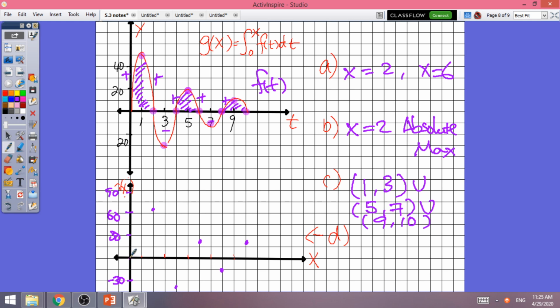So this one shows the point of inflection at 1. Okay, like this. And then it's going down. And also this one right here at 3 shows the point of inflection.